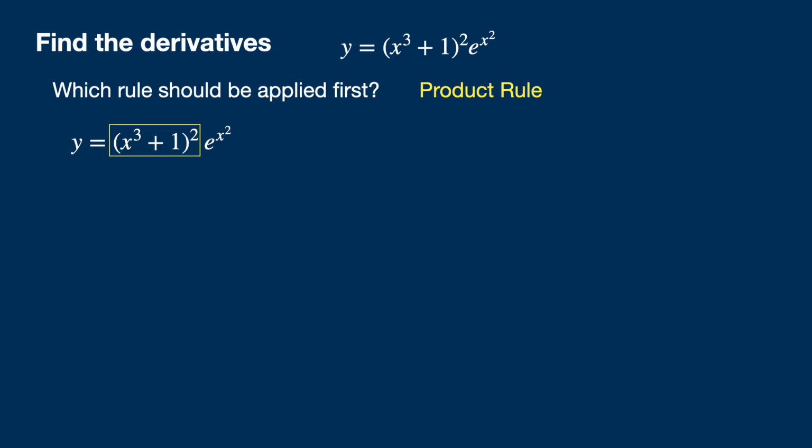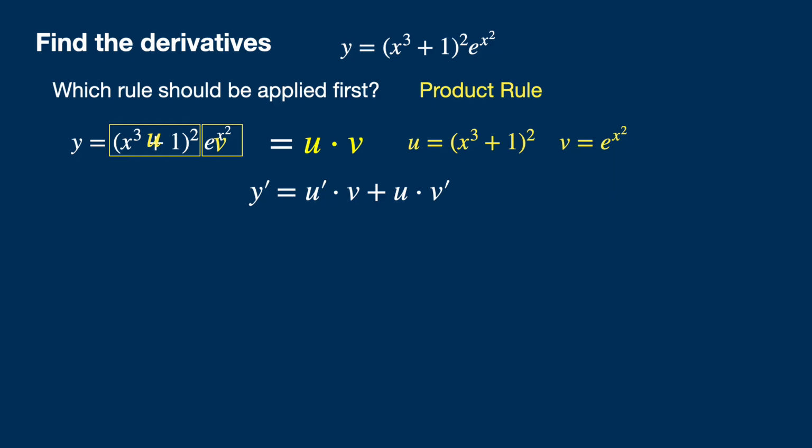The first one is (x cubed plus 1) squared. The second is e to the x squared. The first one is u, the second is v. So first you apply the product rule: y prime is u prime times v plus u times v prime.